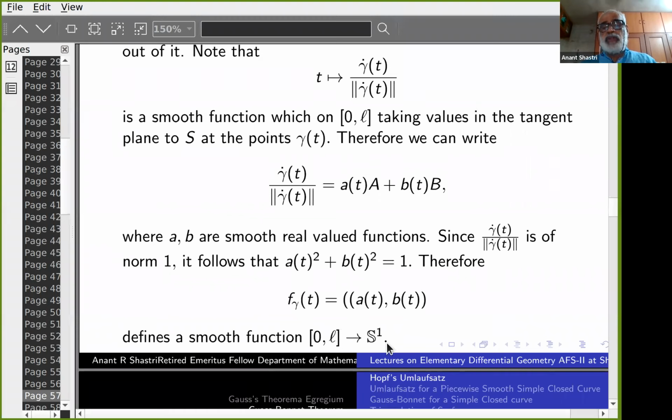This is a function from 0 to L. Apply the theorem that we have proved last time. Lift it. There is a unique lift. If you choose the image of 0 to be whatever you want, which will go to f gamma 0, then the whole lift is well defined and so on and so forth.